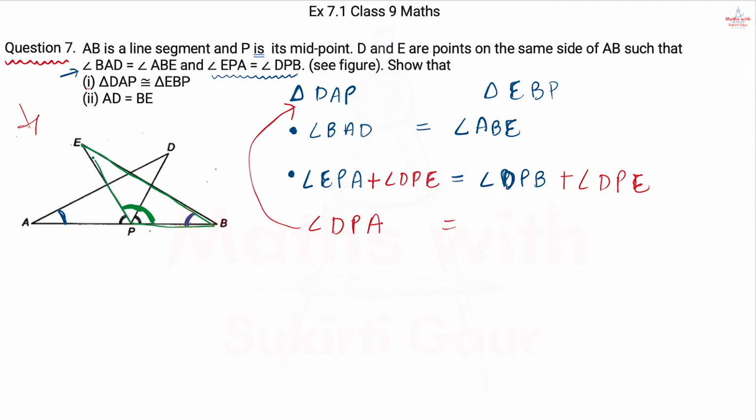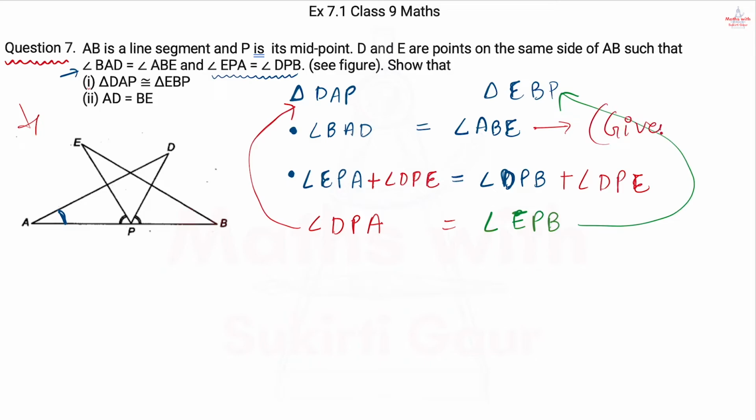You can see here it is one of the angles from triangle EBP, that is angle EPB. So we have got another angle pair from where we can say that angle DPA is equal to angle EPB. So let us also write the reason.